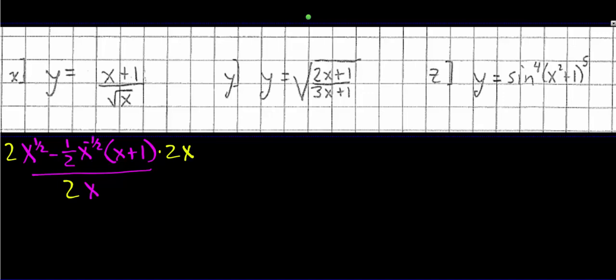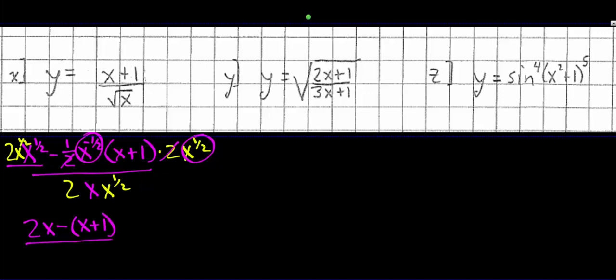So I'm just going to multiply by x to the 1/2. And when I do that, notice what happens here. I get 2x minus, now this cancels with that. This and this make x to the 0. So I just get x plus 1 here. And then down in the bottom, I get 2x to the 3/2. And there's my derivative right there. So it's just a little trick of simplifying.